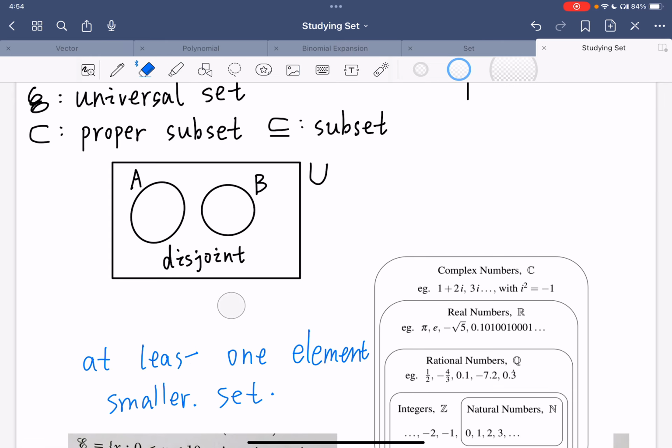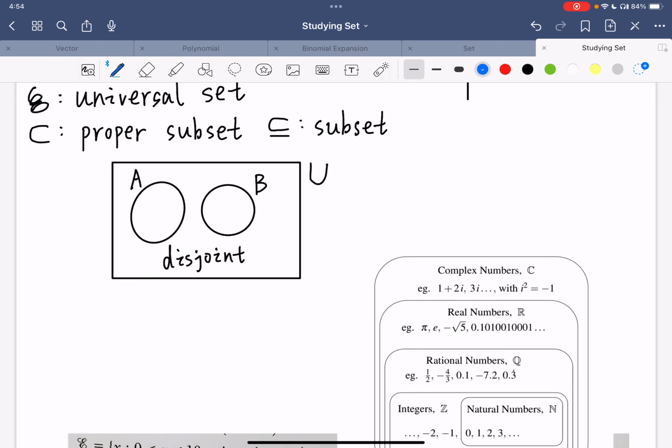And another thing is, what if we reverse the sign? It becomes superset. So here is the true statement.